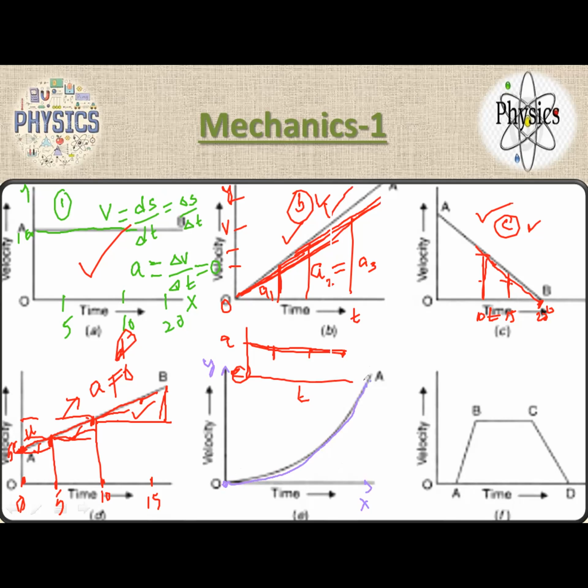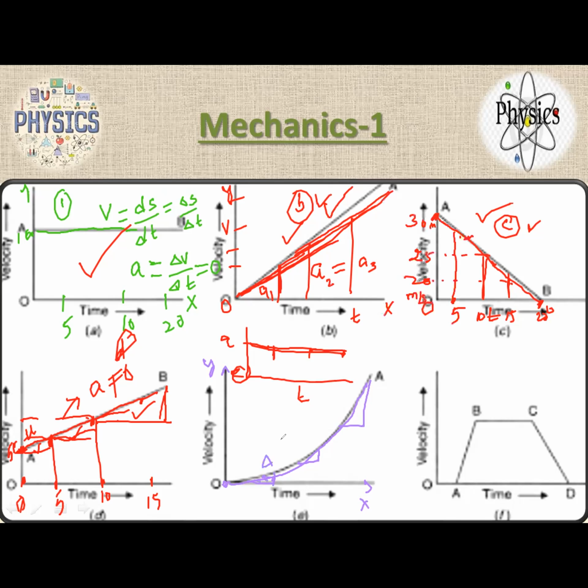The slope is much higher here. If I calculate here, here, and here, definitely here it is almost zero velocity change. So the change in velocity is much smaller here.